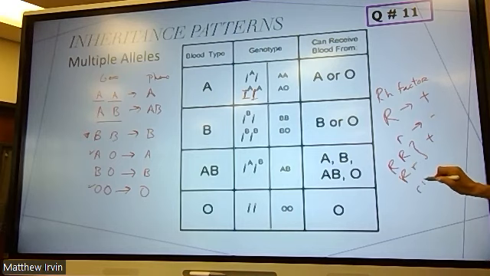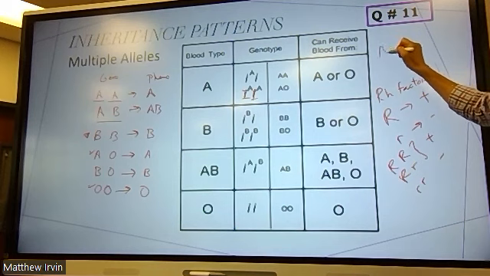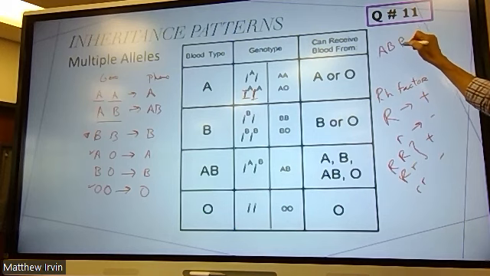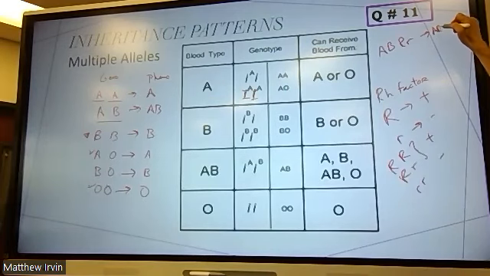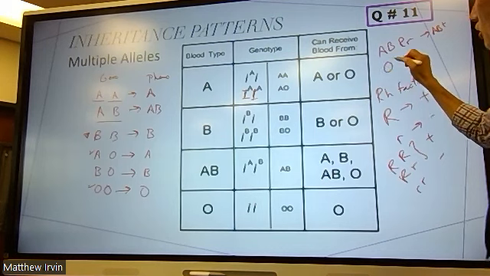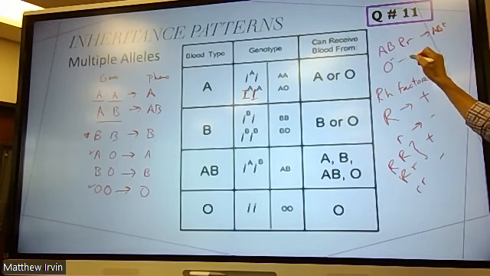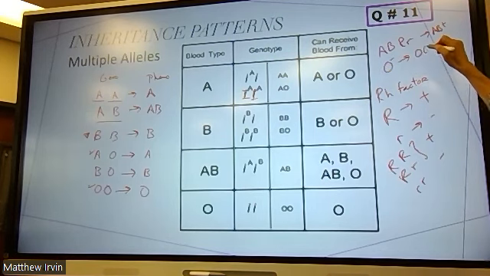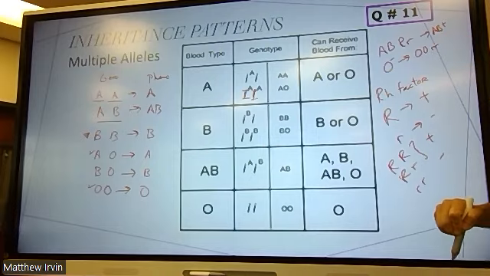If you are little r, then you would have negative. So someone who is A, B, big R, little r would be the phenotype AB positive. Someone who is O negative as a phenotype, their genotype would be O, little r.